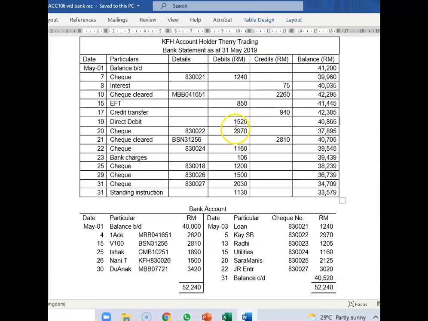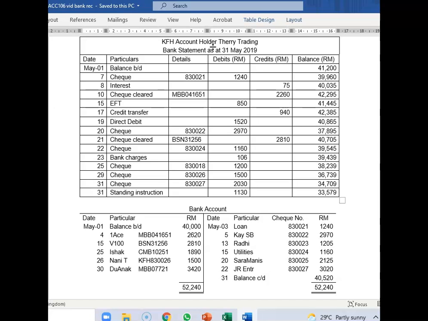Debits in the bank statement mean cash outflow, a payment taken out from your account. Credit side means the money received in the bank account, because the bank statement is recorded by the bank, not by us.